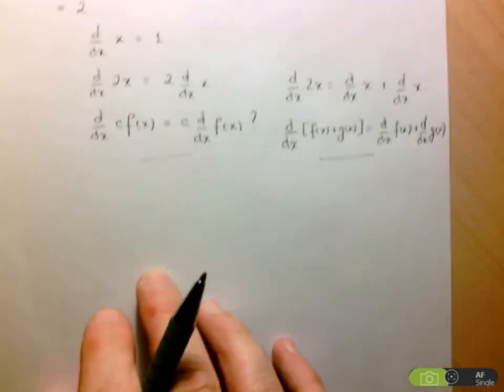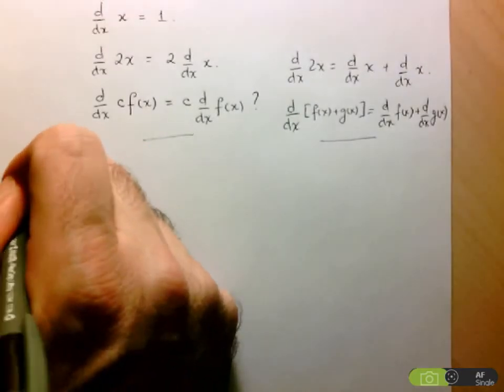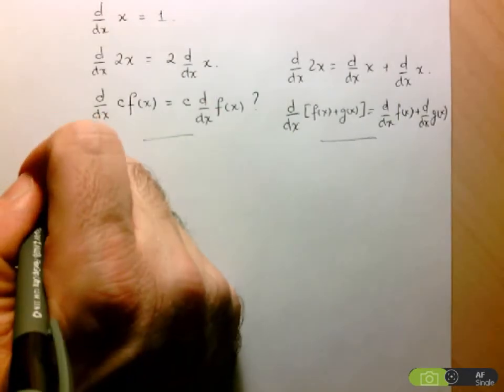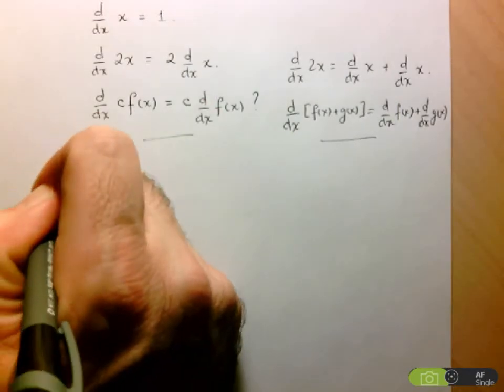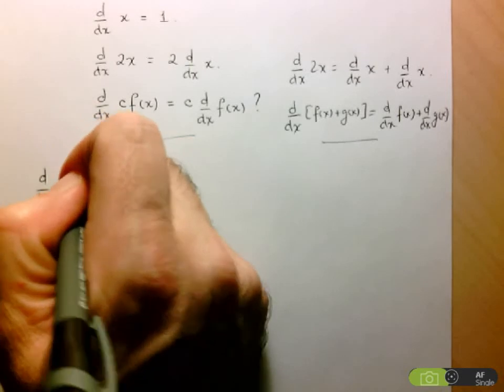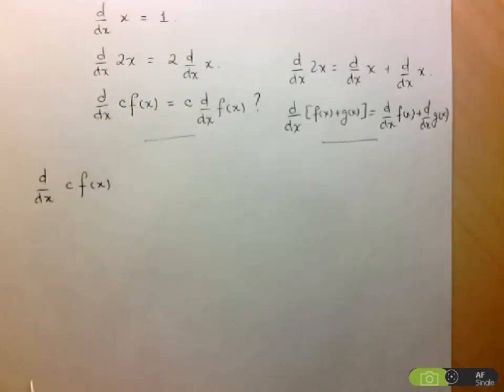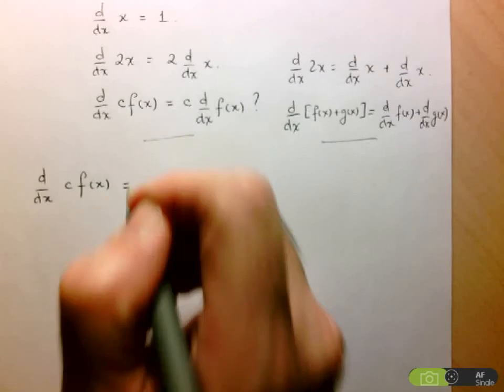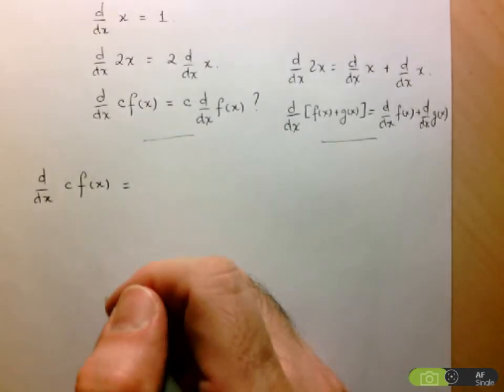Let's start with the first one. Here let's try to find the derivative of a constant times a function, and see if we can prove that it's equal to the constant times the derivative of the given function. Since we want to actually do a proof, we're going to have to use the limit definition.